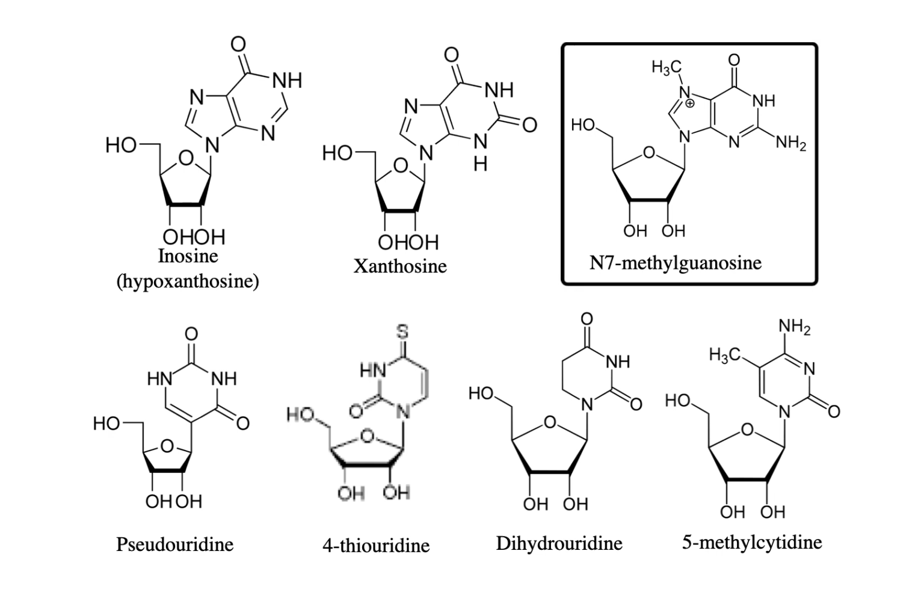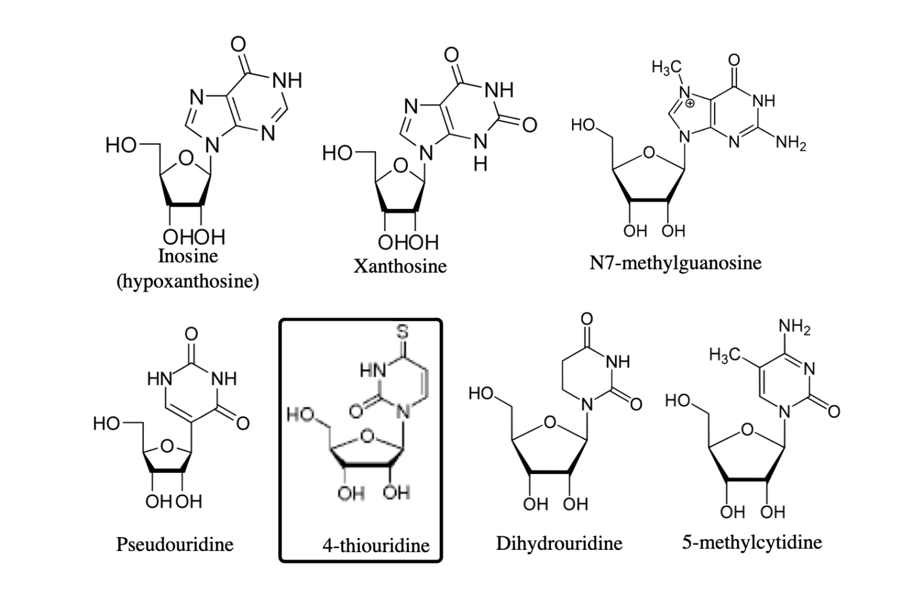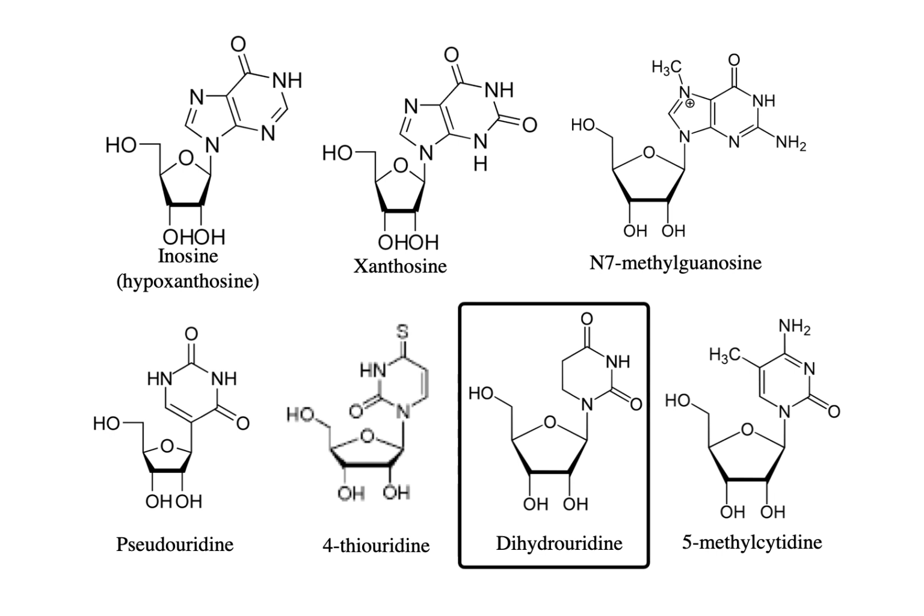Xanthosine, 7-methylguanosine, which I talked about as being the cap on the mRNAs. Here's pseudouridine. This is 4-thiouridine, having a sulfur instead of an oxygen in that 4 position. Dihydrouridine. This is one that's found in many different types of tRNAs.